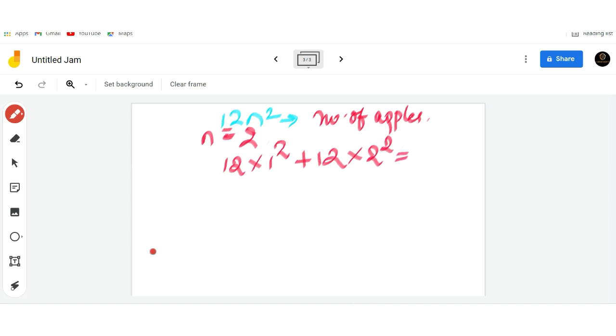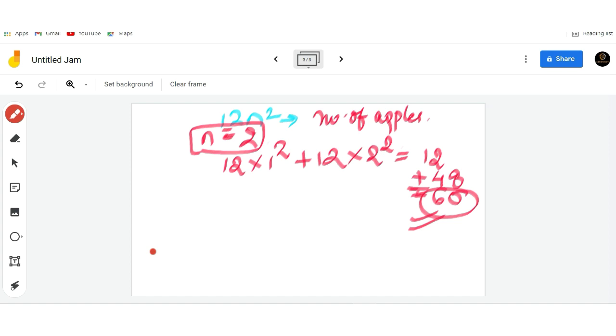So it will be 12 plus 12 into 4 is 48, which is nothing but 60. So here it is the total apples which you will find if n is equal to 2. So basically we also have to make a variable which will store the sum till n.